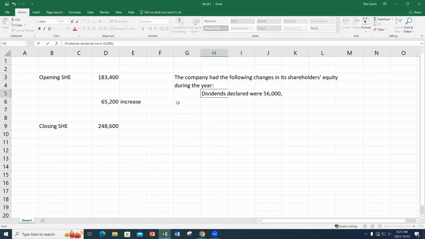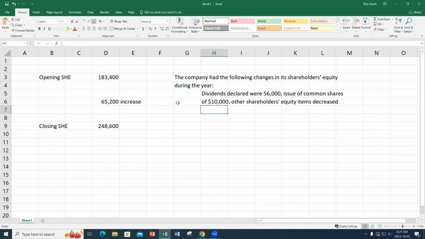And then they'll say there was an issue of common shares of $10,000. And then they might say that there was other shareholders equity changes or items, let's say items decreased by, let's say, $12,000. So they give you that information.